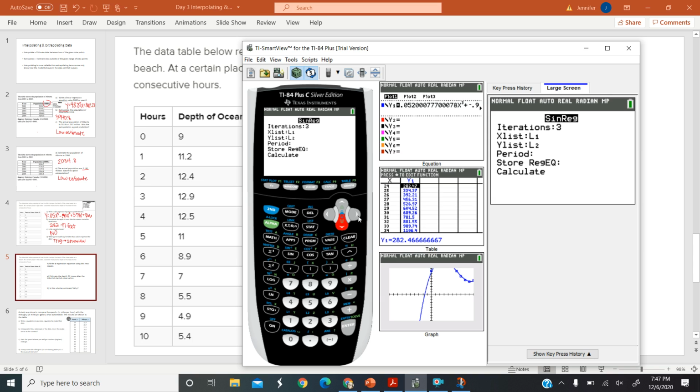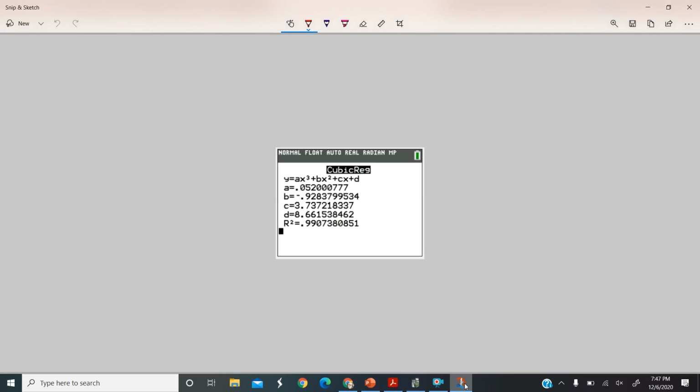This one does not, so I'm going to skip it. And for store regression equation, again, I'm just going to put that in y1. So I'm going to go ahead and get that in there and then hit calculate. And this is what it gives us for our sine regression model. So I'm going to copy that over to our slides as well.